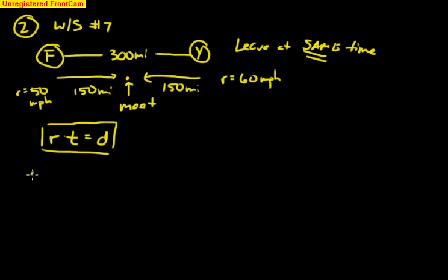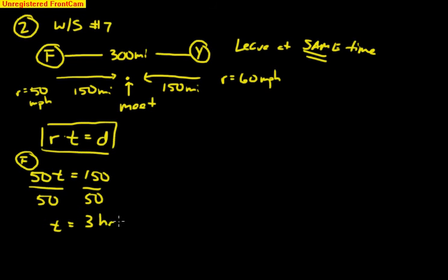So we have a rate of 50 miles per hour times a time we don't know. This is the time for your friend, and this should equal the 150 miles. If you divide by 50, t equals 3. So it takes your friend 3 hours to get there. Now let's do you.